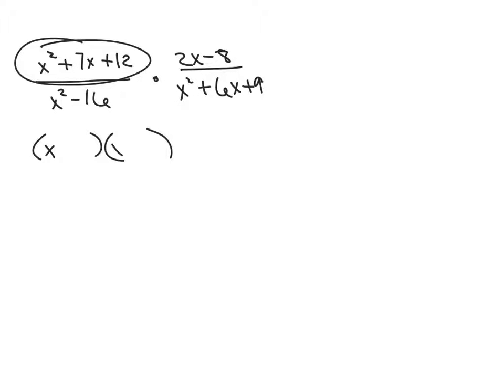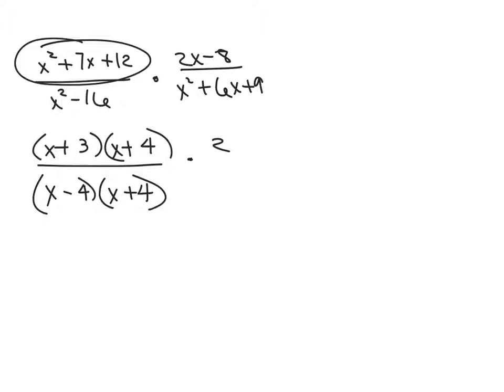So I've got an x and an x. And let's see, multiply together, give me 12. Added, give me a 7. Okay, bottom is a difference of 2 squares. And factor out a 2. And see if I can factor that.